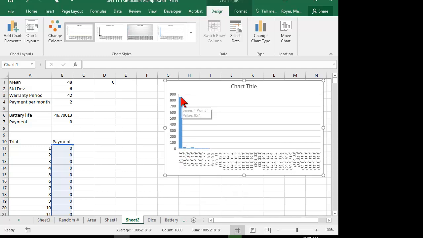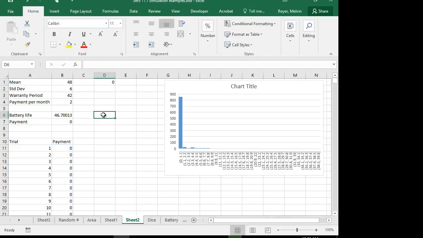In fact, most of these are 0. And I see that there is some small probability that I'm going to have to make payments. It looks to me like the largest payment in my simulation that was made to a customer was less than $9. So that answers question number 1 for the company.